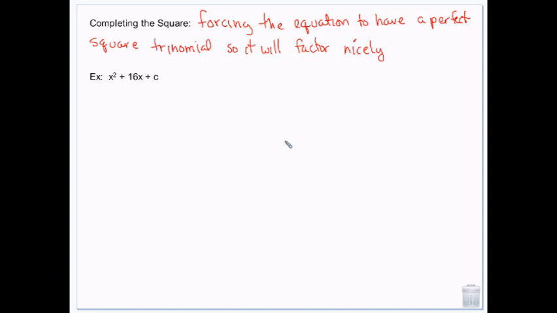So we're going to take the equation that we have, and we're going to force it to be a perfect square trinomial so that it looks all pretty and nice and it's easy to factor.